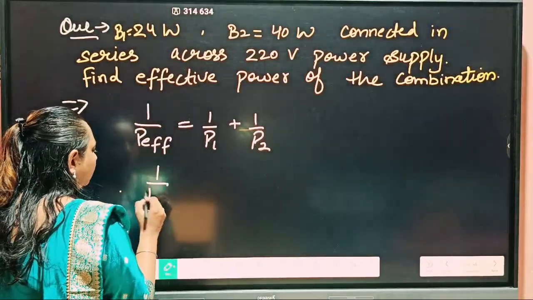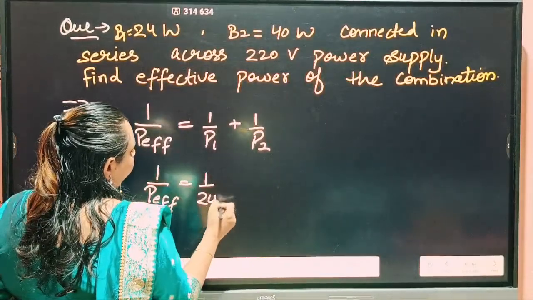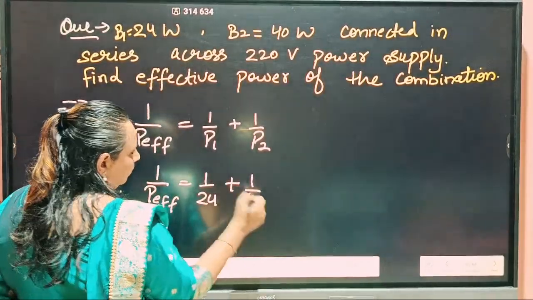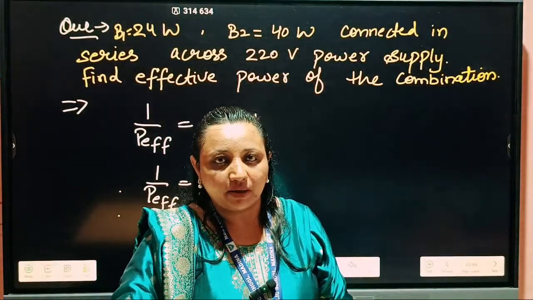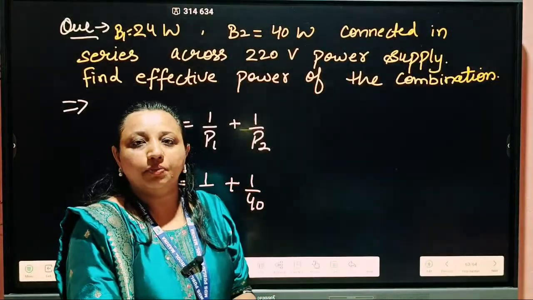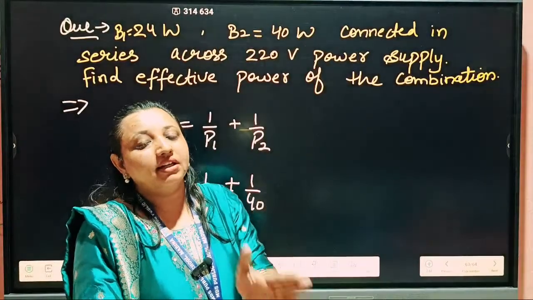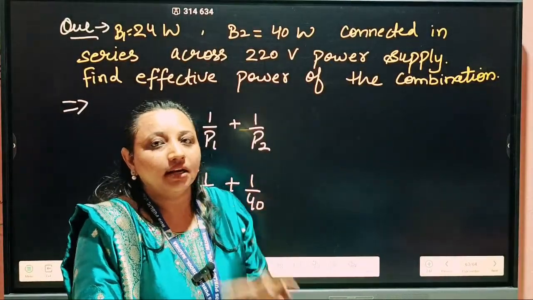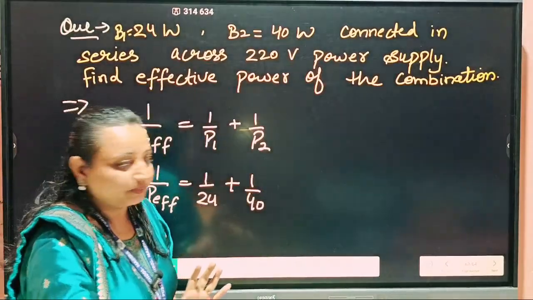So 1 upon effective power is equal to 1 upon 24 plus 1 upon 40. By taking the LCM, we can find the effective power. What happens when the question has given the resistance and the potential? By that, we find their individual powers and then apply those powers in this formula, right?